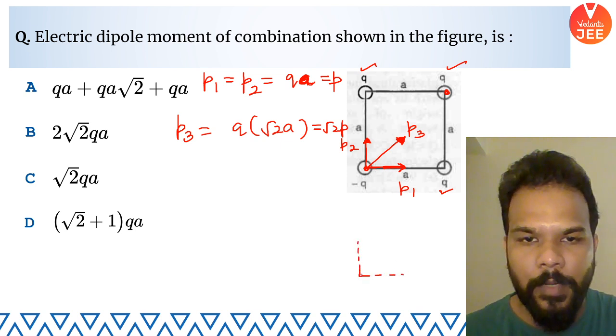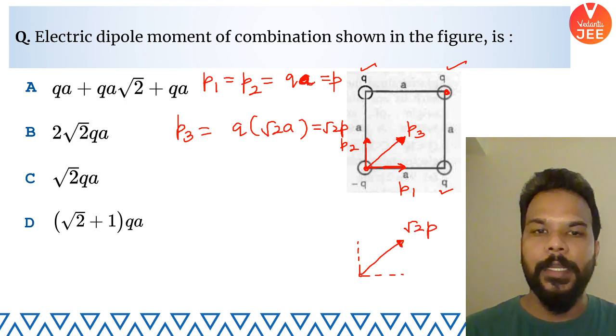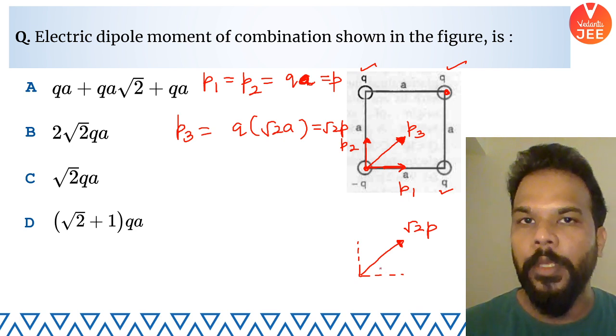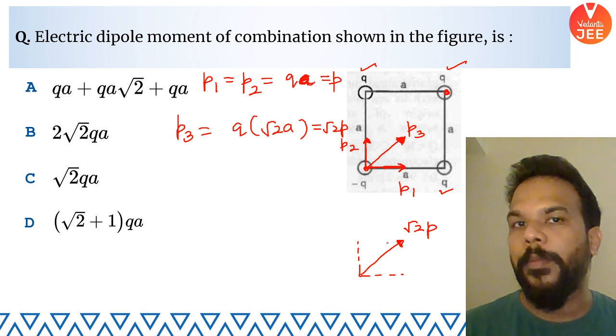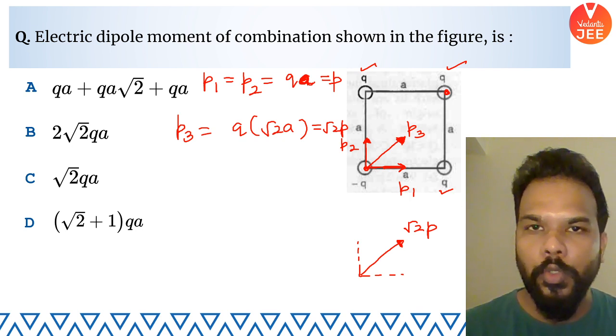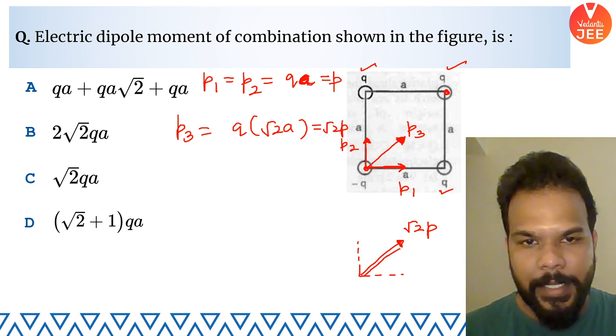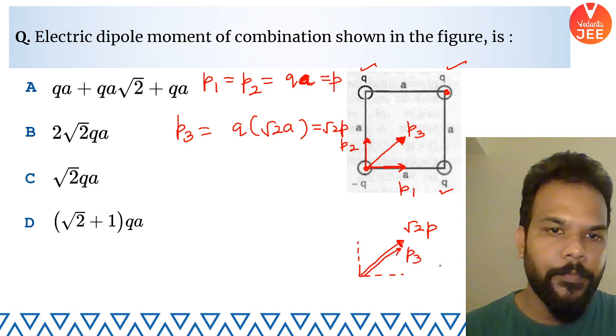then if you look at P1 and P2 here, guys, both of them are equal and their resultant is going to be root 2 P. Two vectors which are inclined at 90 degrees and have equal magnitude, the resultant is under root of P square plus P square, so that is root of 2P square or root 2 P. And P3 is already existing in that direction also. Yes or no?